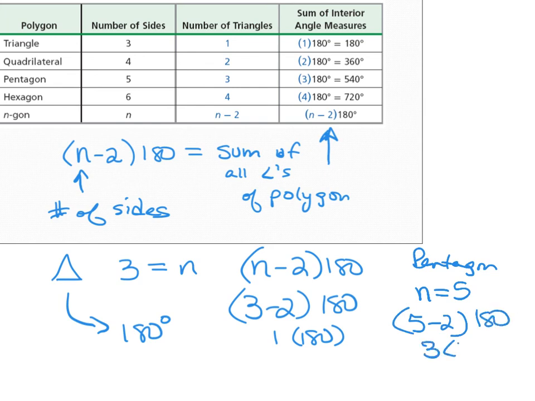I get 3 times 180, and again multiply that, and I get 540. So all 5 angles of my pentagon add up to be 540. The formula is always minus 2 from the number of sides. Once you get that answer, times it by 180.